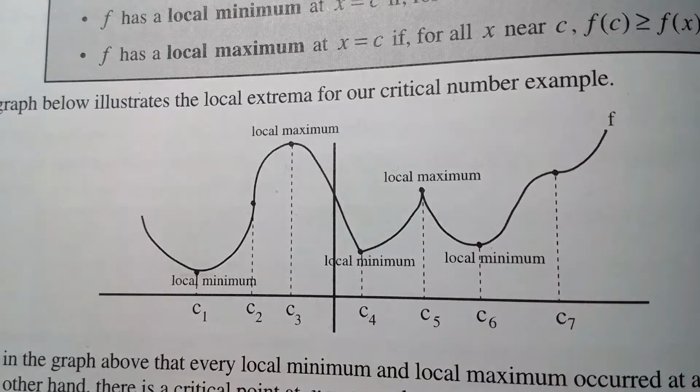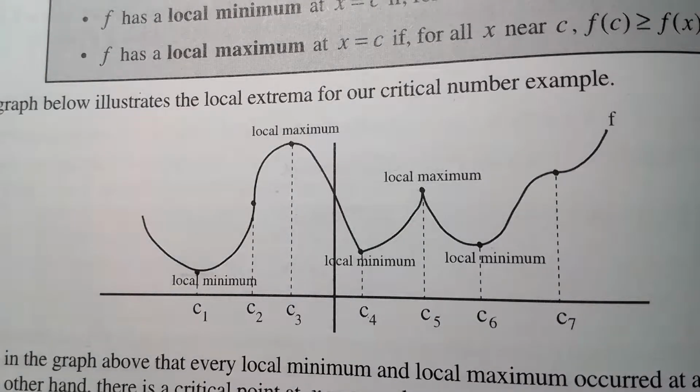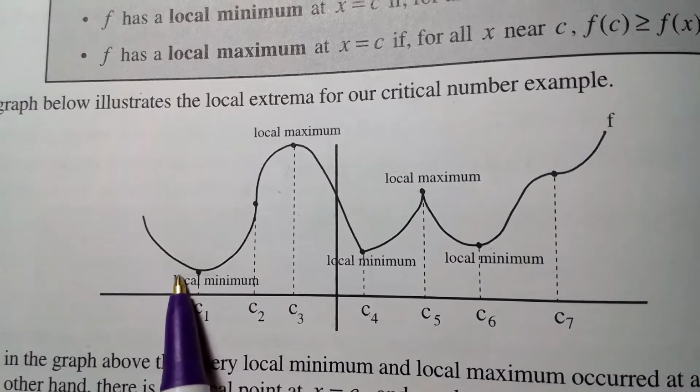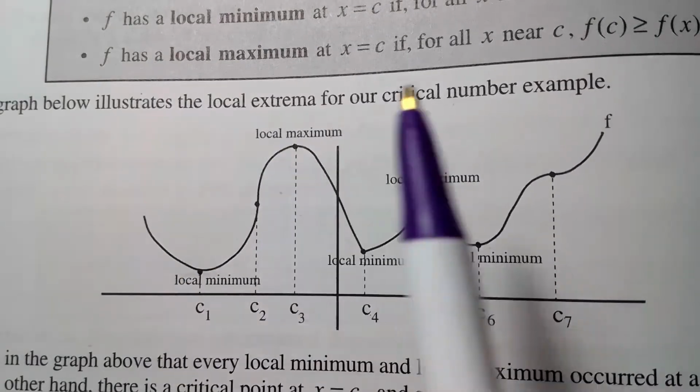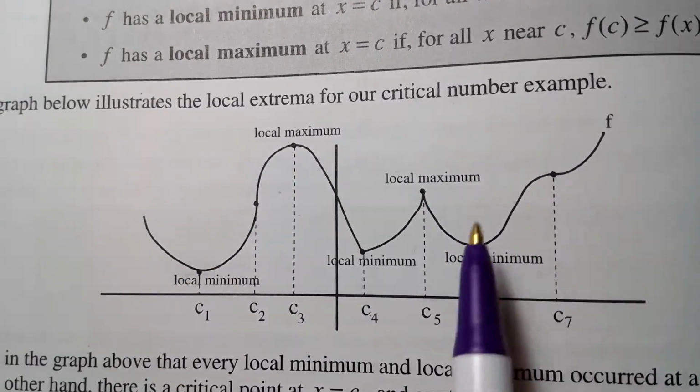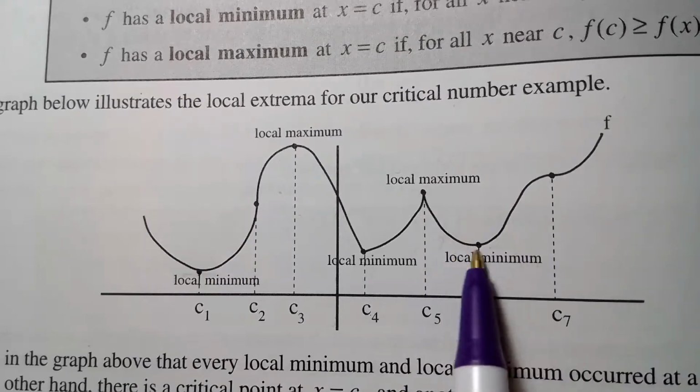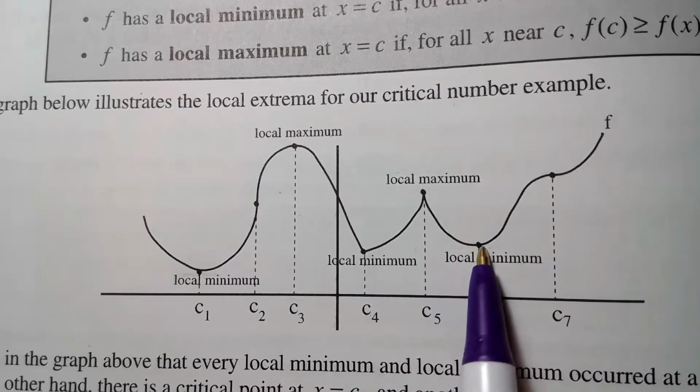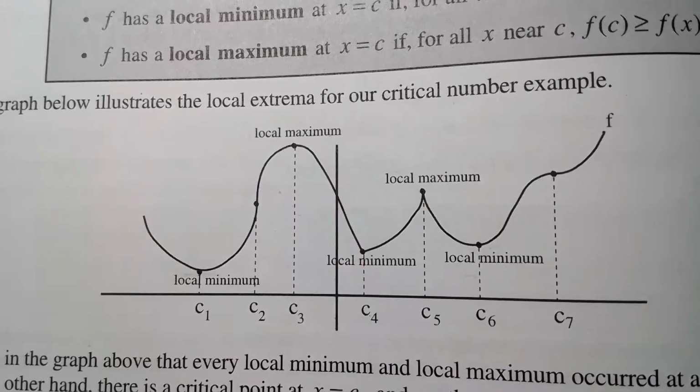And so we call those local or relative extrema, or local or relative maxima or minima. Okay, so the places where the derivative equals 0 is where we're going to have our maxes and mins if our function goes from decreasing to increasing or increasing to decreasing.